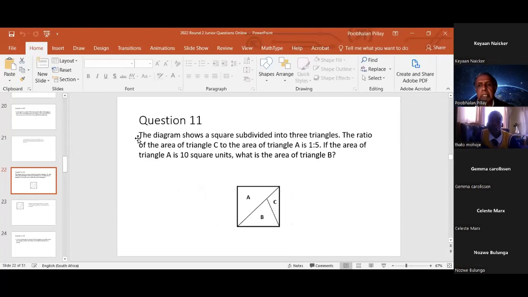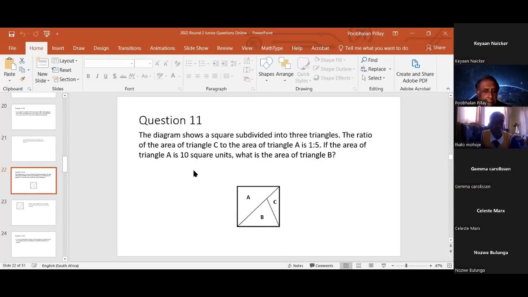The diagram shows a square subdivided into 3 triangles, as you can see. Now this is a square, and then you draw a diagonal, and then one of those triangles is split into 2 ways. Okay. The ratio of the area of triangle C to triangle A is 1:5.